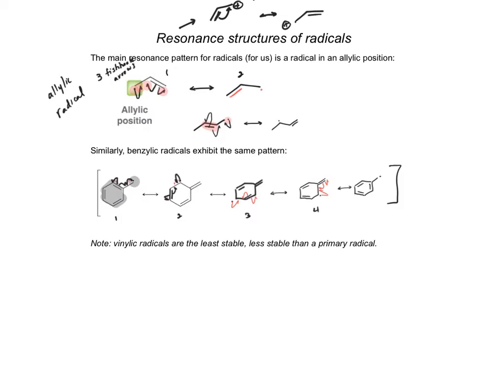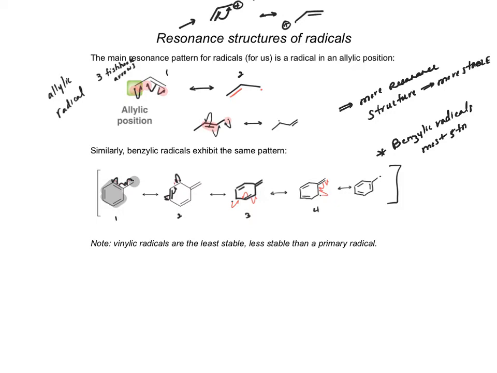And as a reminder, what does more resonance structures tell us about the overall stability of the molecule? The more resonance structures, the more stable the molecule. Because of that, benzylic radicals are the most stable of all of the radicals.